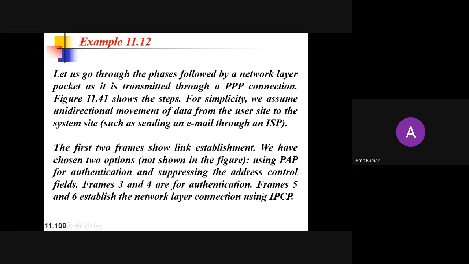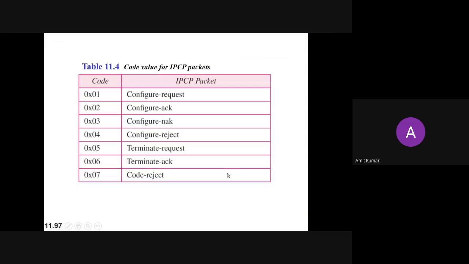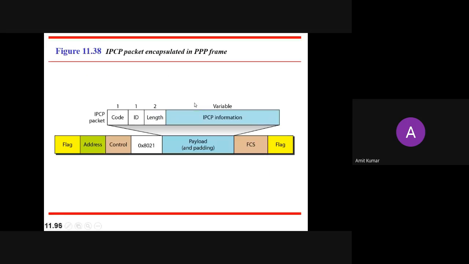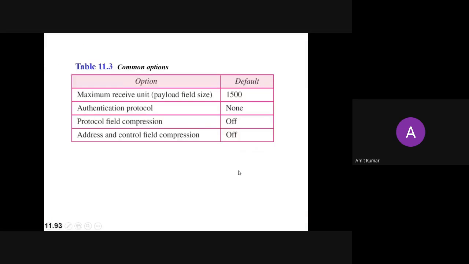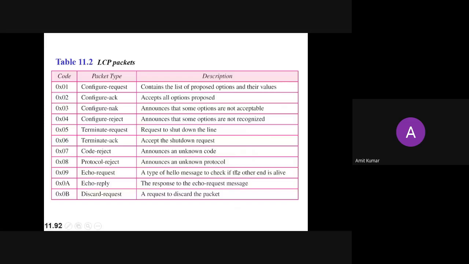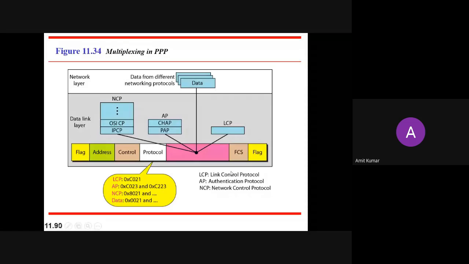So these are the different protocols which we have already seen. Just if you want to see the protocols, we will go back to the different protocols which are available. So these are the different protocols present there. In the network control protocol, we are having OSI, IPCP. In the authentication protocol, we are having CHAP and PAP.